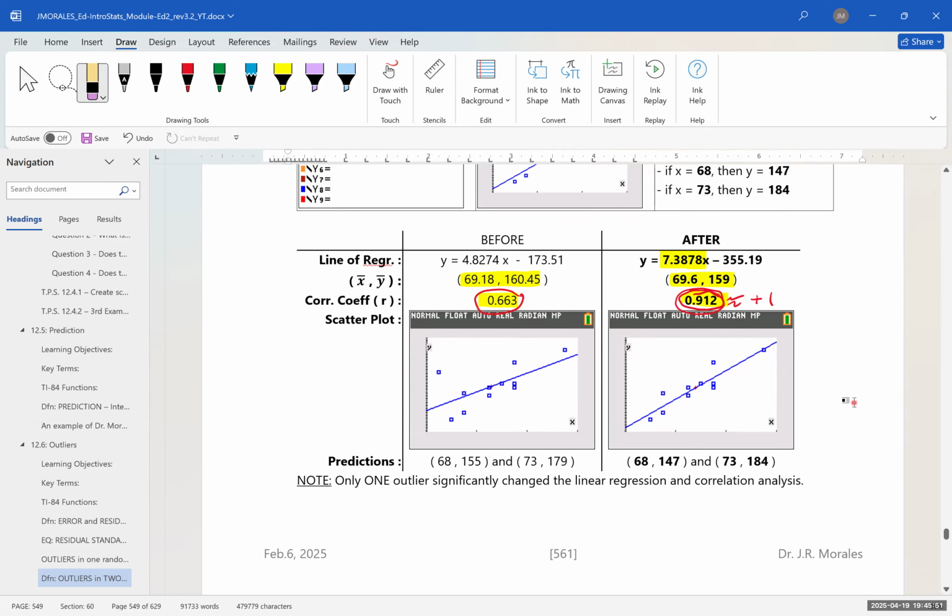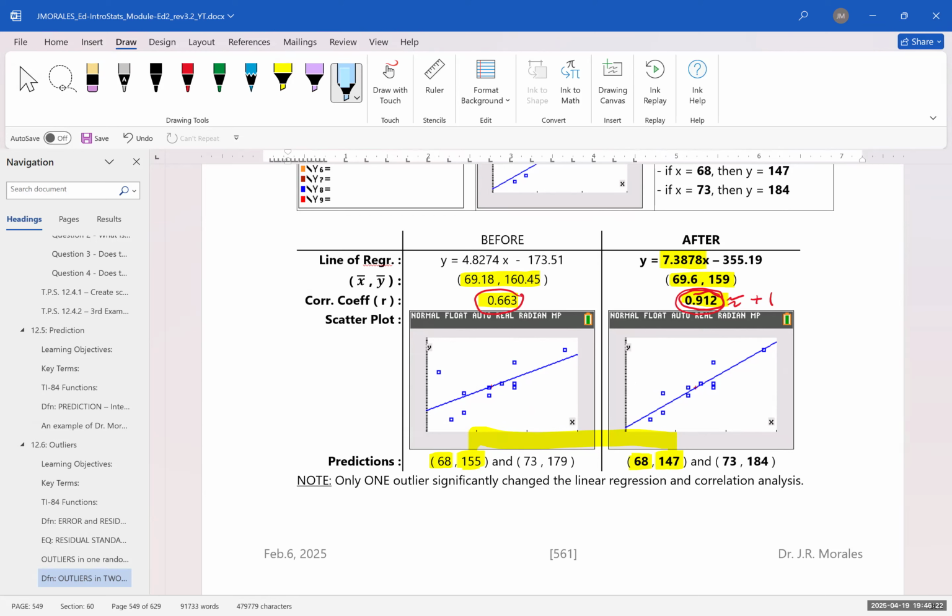And previously, because you use lines of regression to do predictions: if we included the outlier and we put 68 in for X, we get 155 out for Y. But look at what happens when we take the outlier out. If we put 68 in, we get a final score of 147 out, right? That's different. We get a different prediction.